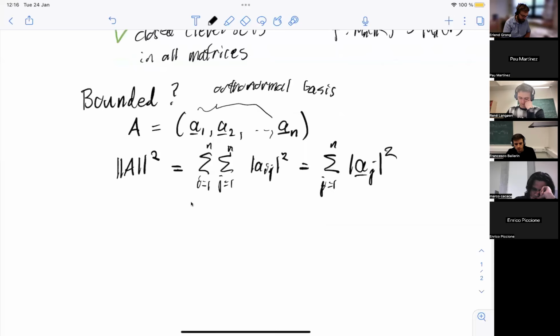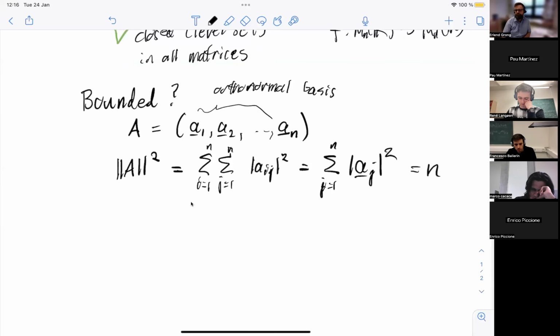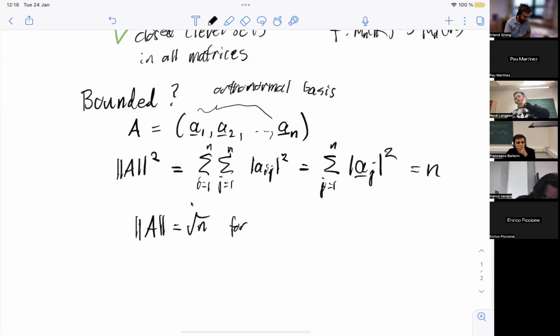And this is an orthonormal basis, so the length of each of these is 1. So this is n. So for all of these orthogonal matrices, the Hilbert-Schmidt norm of A is the square root of n, for all A in O(n). So O(n) is bounded.